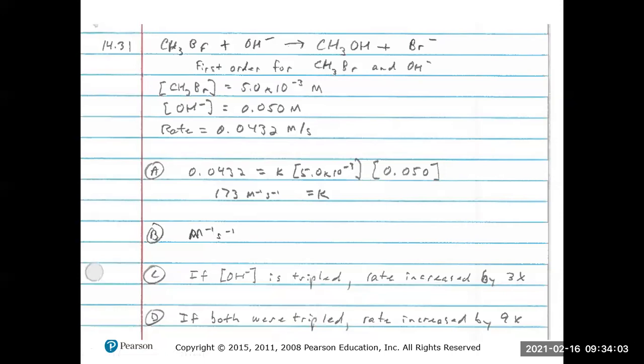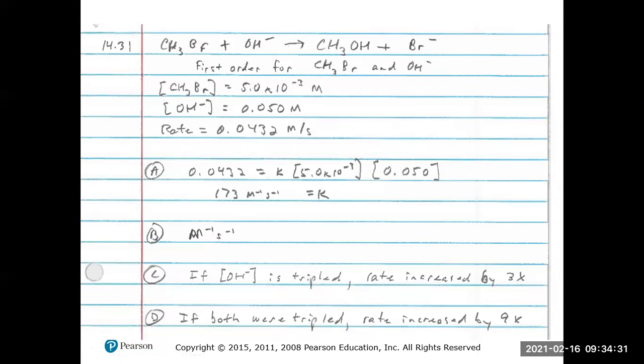We're told that the rate law for this reaction is first order in CH3Br and first order with respect to OH minus. So this is an example where each of the reactants is first order, so the overall reaction would be second order.